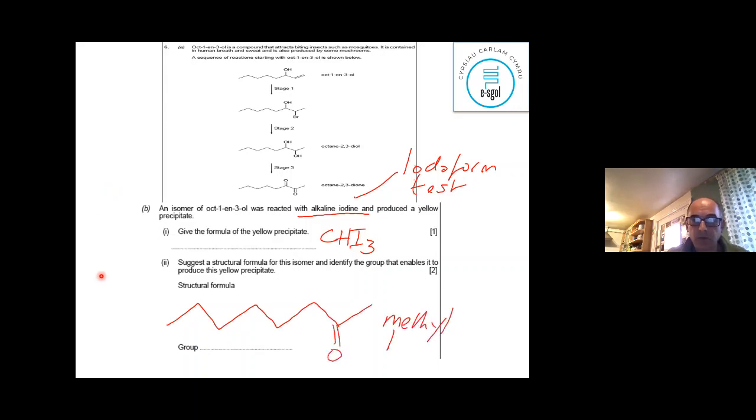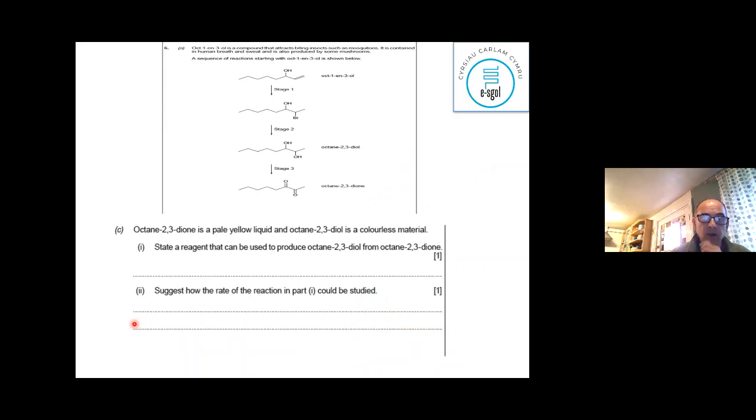Well, if it's given a positive, it needs to have a methyl ketone with the double bond O next to a CH3 group. So the hydrogen has come off there, and you've formed a double bond O at the end next to the end methyl group.